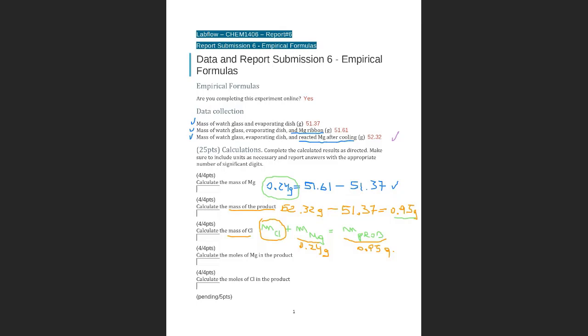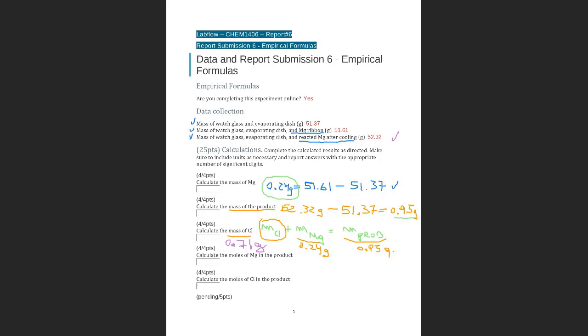So what is the mass that you calculate for chloride with my data? 0.71. Okay, thank you. 0.71 grams. Very good.